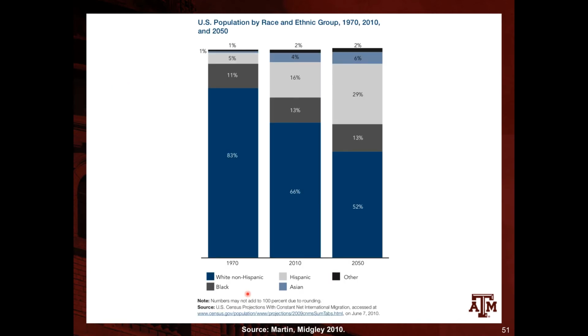And here we have the US population by race and ethnicity group. In this case, we are not showing information about being foreign-born and US-born. It's pretty much showing the race and ethnicity of people in the US.